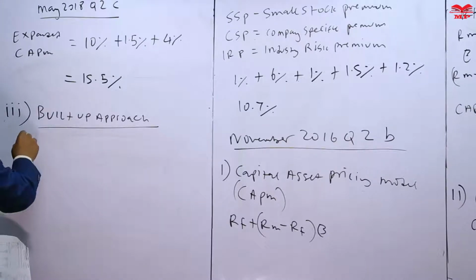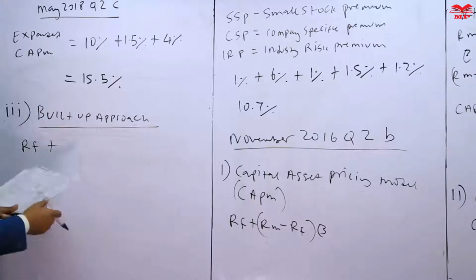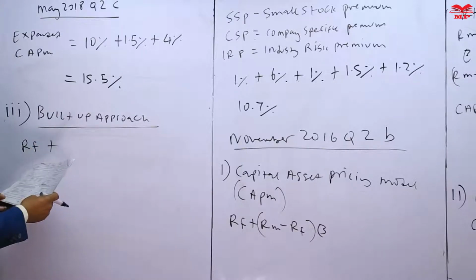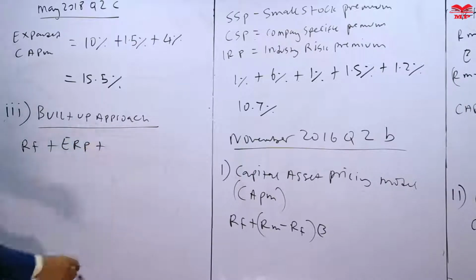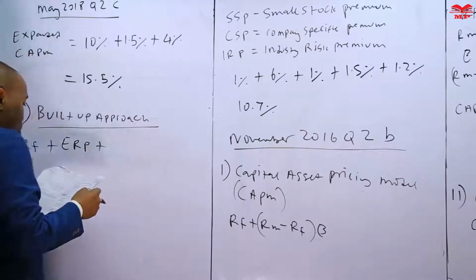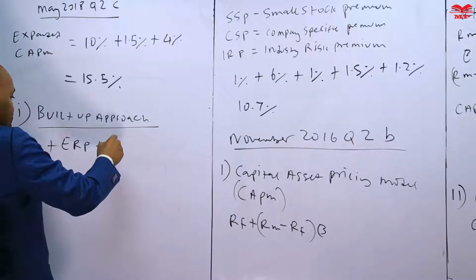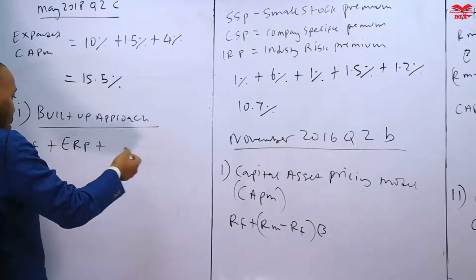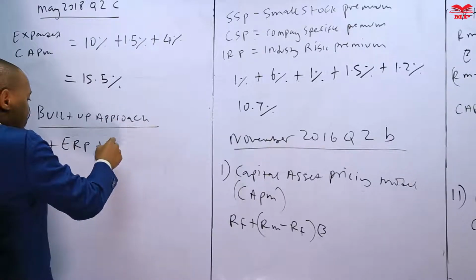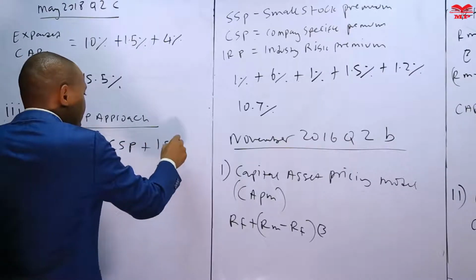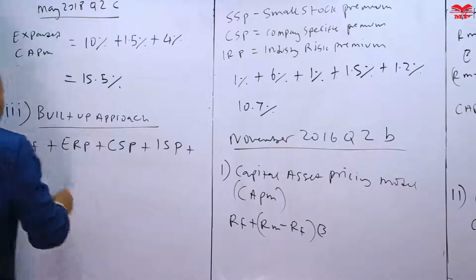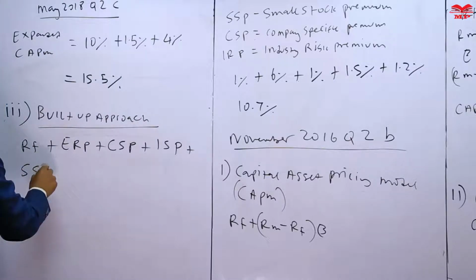So RF plus, we need to add the equity risk premium, ERP, plus we add the small stock premium, company-specific premium, and industry-specific premium.